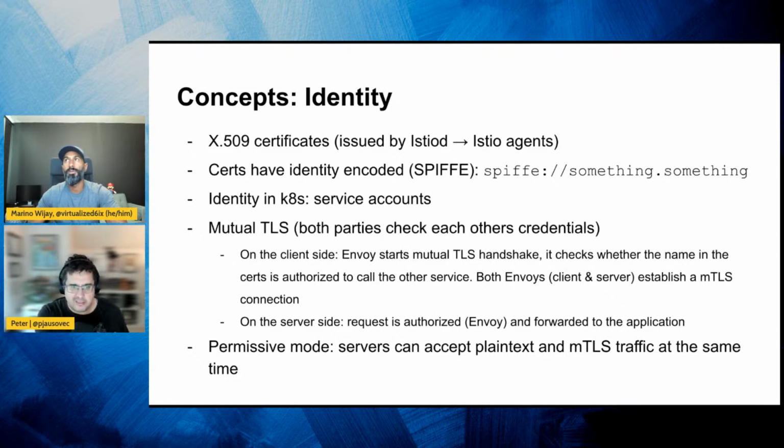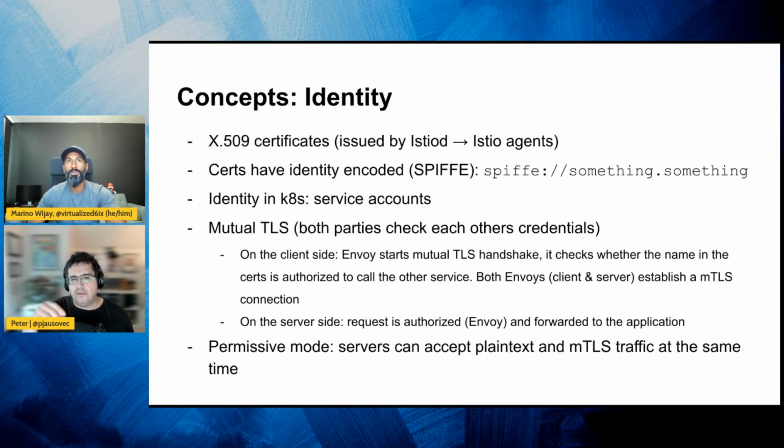It looks like this. I have it here: spiffe:// something, and that something is the actual fully qualified domain name of the service, right? So that whole thing is called the SPIFFE ID, and that's the identity that gets encoded into the certificate.